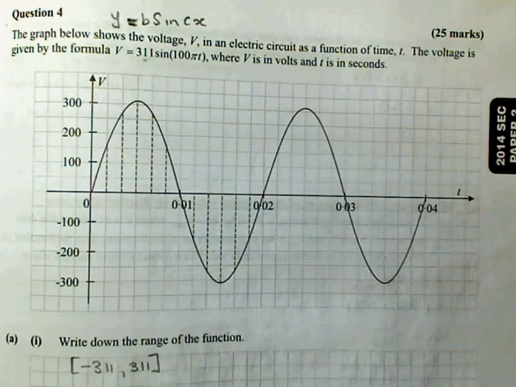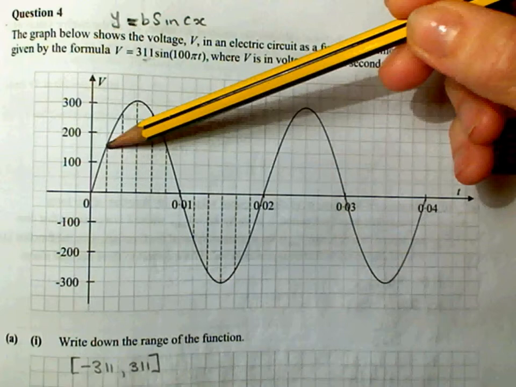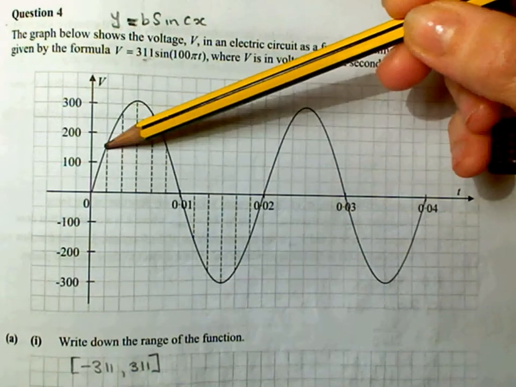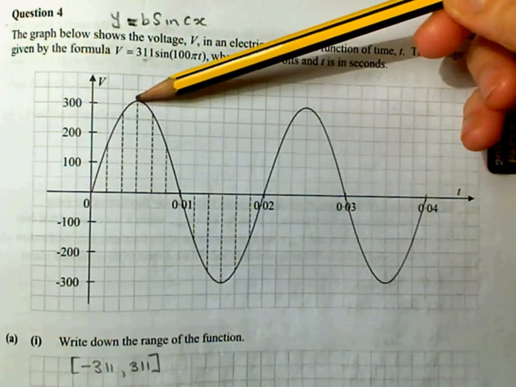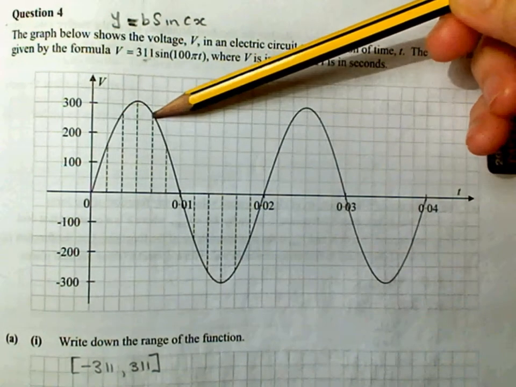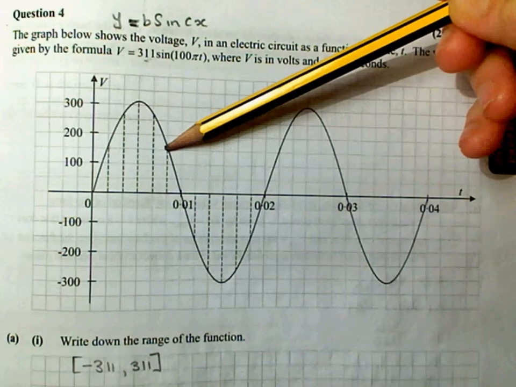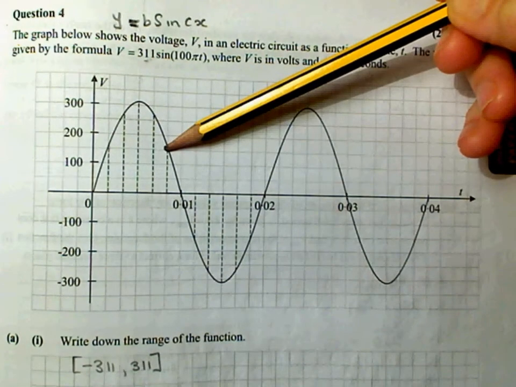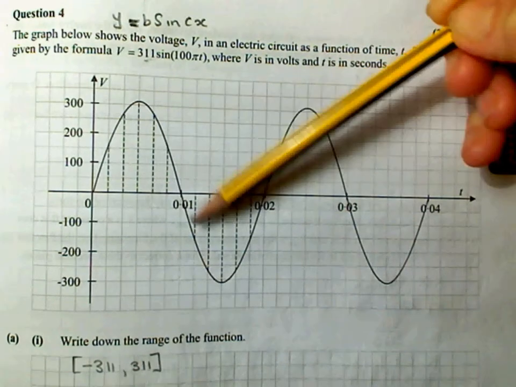Now in B part 1, you're asked to fill in a table, and you're given some values from the graph, and you're asked to fill in the rest. Now the values are related to these dotted lines. So T1 we're given is 156, T2 is 269, T3 is 311. That means that T4 has to be 269, T5 is 156, and T6 is 0.